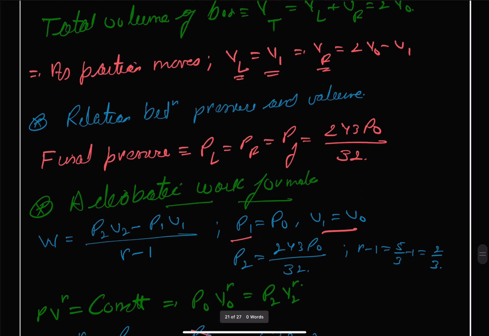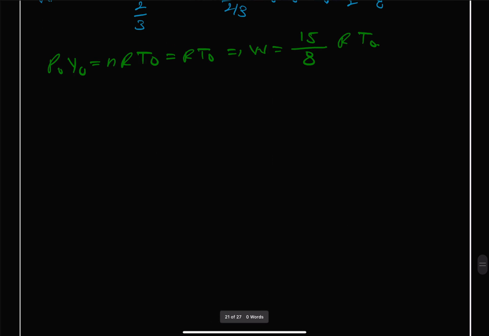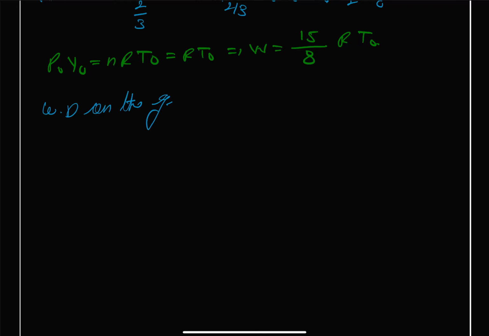So therefore there will be a negative sign inclusive of that. So we can say that work done on the gas. Therefore we can write W is equal to minus 15 upon 8 times R T naught.